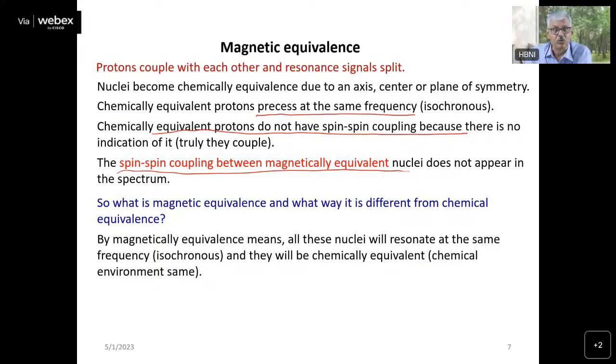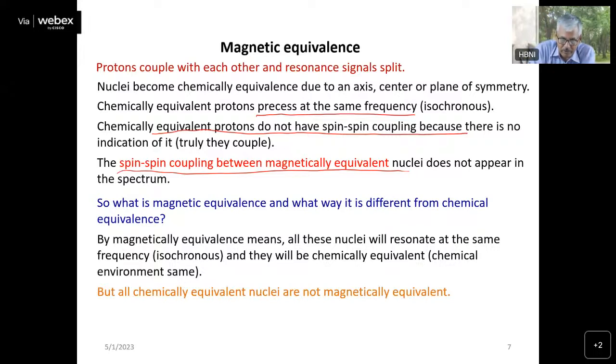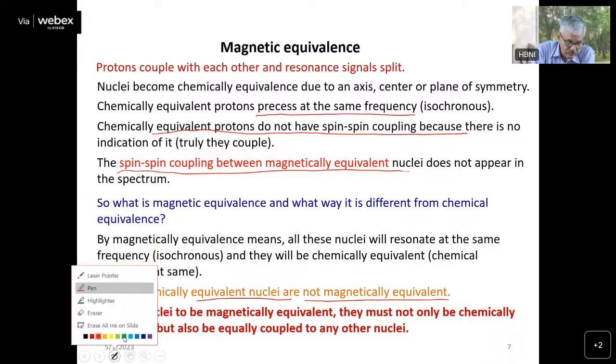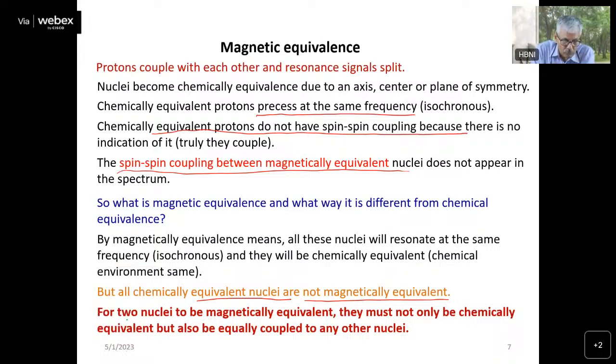But all chemically equivalent nuclei are not magnetically equivalent. So what is the difference? For two nuclei to be magnetically equivalent, they must be chemically equivalent.